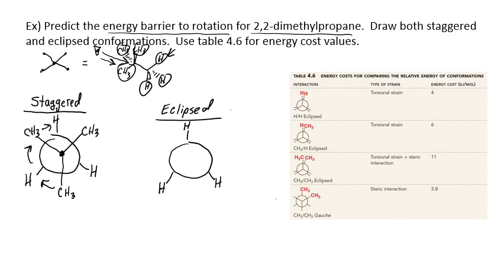Because I rotated it 60 degrees, I want to draw an eclipsing interaction. Remember, we have to draw them slightly offset because it's way more clear this way. CH3, CH3, CH3. So now I've got my staggered and eclipsed conformations. Just going to clean this up a little bit.